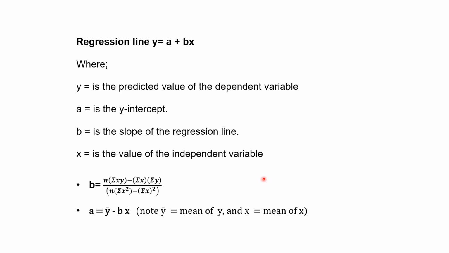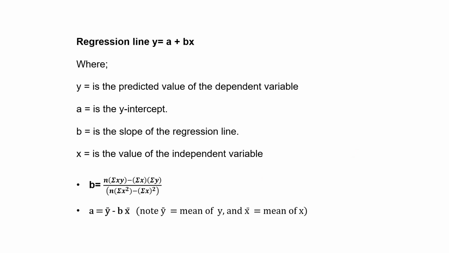The summation of x, addition of all the variables of x, divided by n, the total number of the variables in x. So moving on, I hope you can write this down, because when we move on, I will continue to use the word y-intercept to represent a and slope of the regression line to represent b.